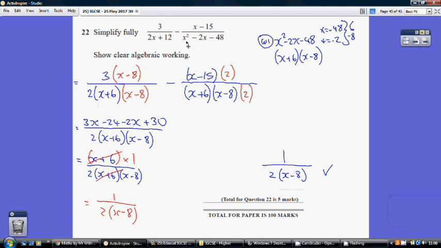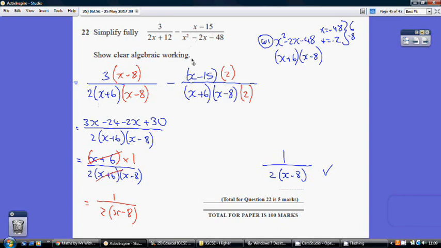And over here the denominator of this second term is a quadratic, which I can factorize. I'm looking for 2 magic numbers which multiply to make minus 48, but add to make minus 2, so that's 6 and minus 8. So this factorised is x plus 6, x minus 8. So it's the bits in blue that you can see there.